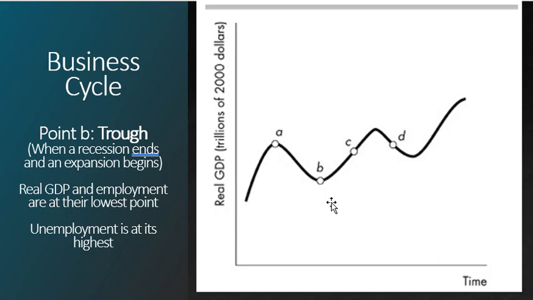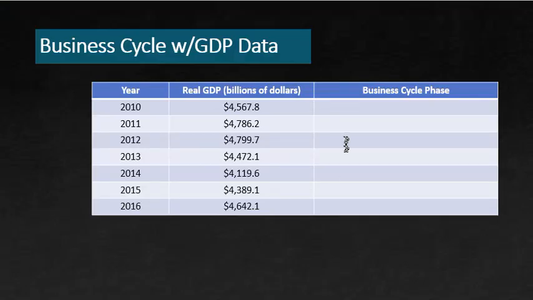We could also look at this using data. If we had this data over a period of time, we could see what's happening in the business cycle. If we look year to year at our data here, we can figure out if we're on an upward trend or a downward trend.